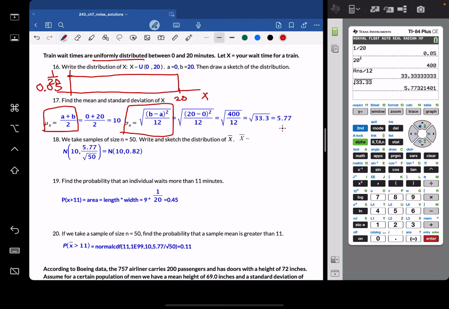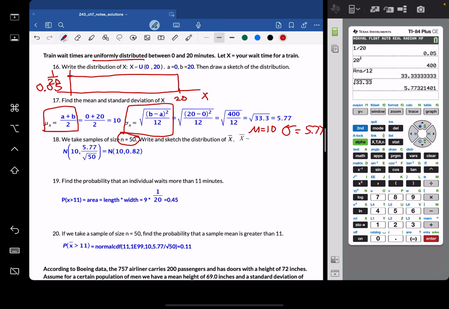Okay, so we've got our sigma is equal to 5.77 and mu is equal to 10. And now we're going to take samples of size n equals 50. I don't know where this data would come from.